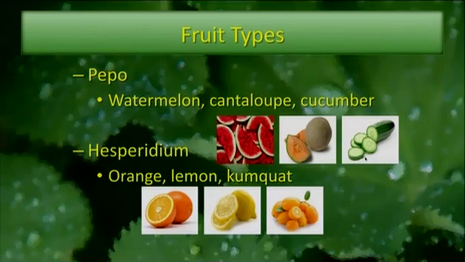Generally their interior sections are divided into separate compartments. Each of these actually stands for a carpel, or folded-over leaf, with seeds inside. So this is actually a compound fruit, not a simple fruit.